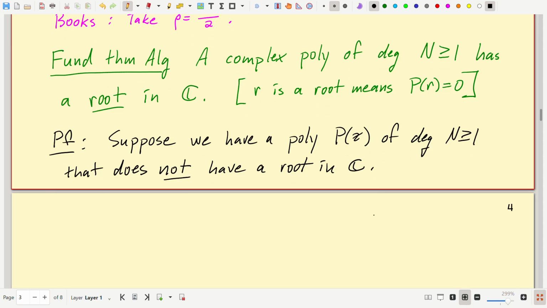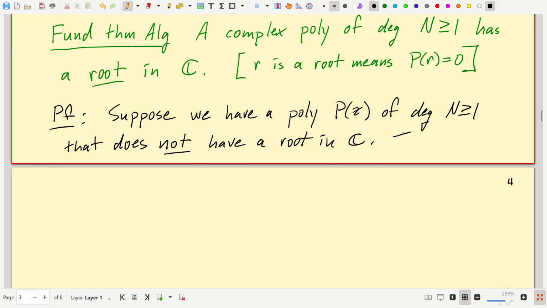Then, if I take 1 over P of z, I get an entire function. 1 over P of z is entire, and guess what?